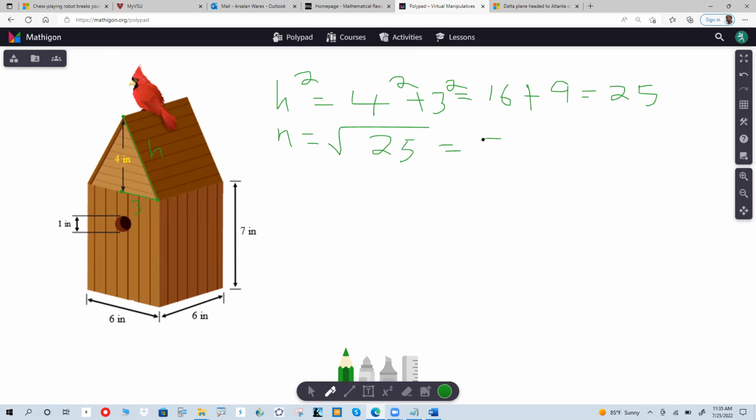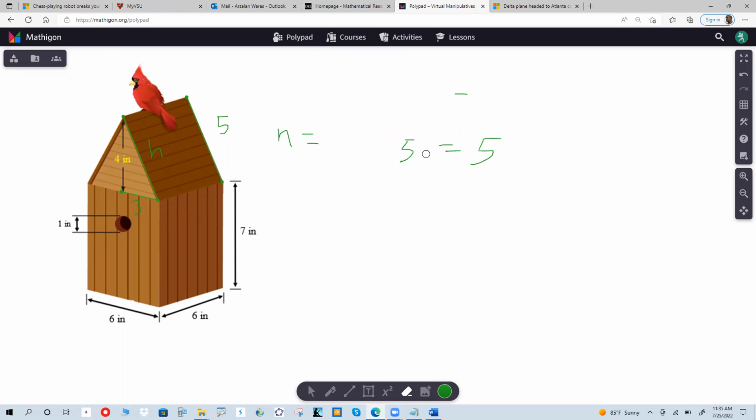And that is 5. Finished. Now, I would like to write it down neatly here that this length of that slant height, which is 5. It's not given, but you need to know it. Now, I know we are recording, but I would like to erase this. I don't need it for anything else.